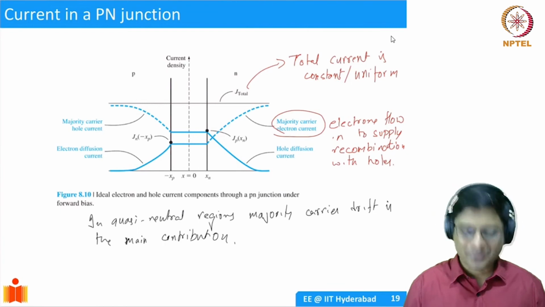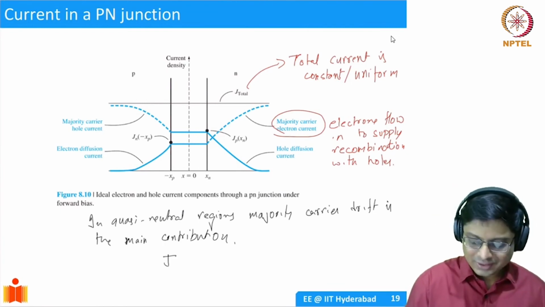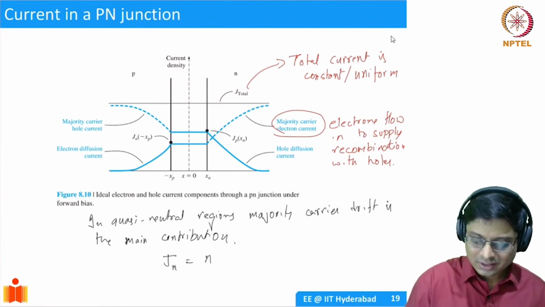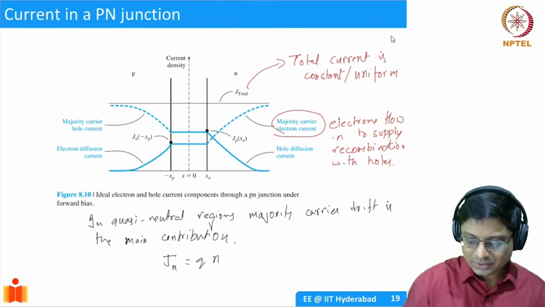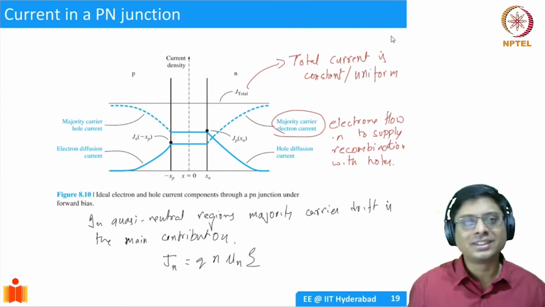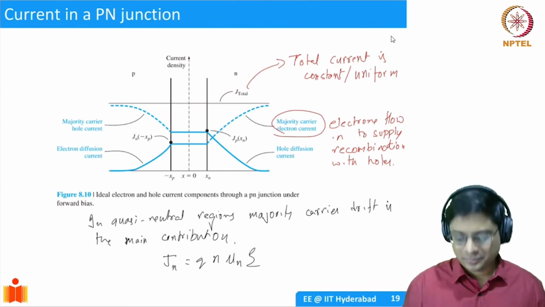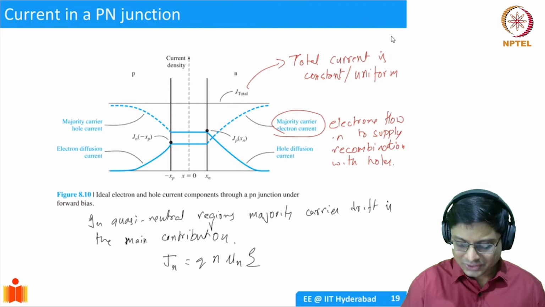So we come back to the same problem. What is drift? Drift is going to be Jn equals n Q, which is equal to Q times n times mu n times electric field. In the quasi-neutral region, n is constant.